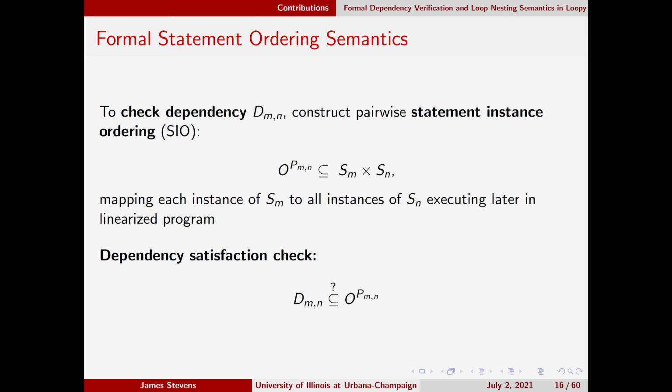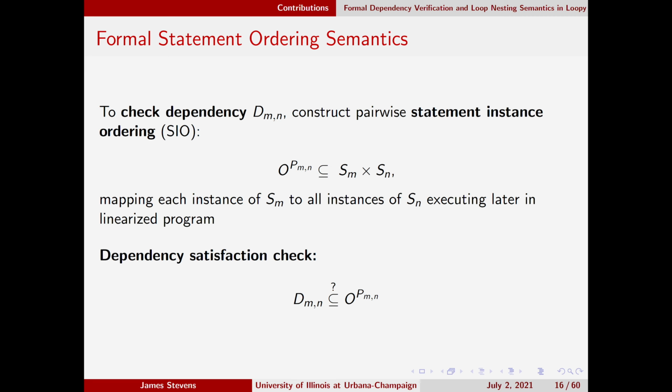We then have two relations that we can compare. We have the dependency mapping, which maps statement instances to other statement instances that must occur later. And we have the SIO, which maps statement instances to other statement instances that actually do occur later in the program. So we just need to make sure that the former is a subset of the latter.